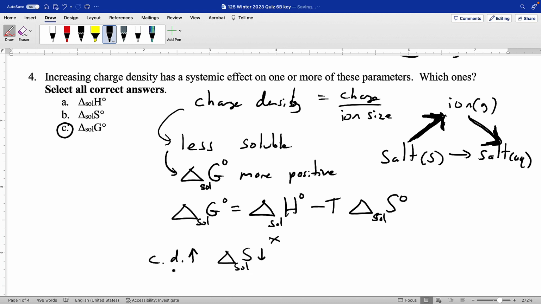So there's a strong trend between charge density and the delta S of solution. Okay. So bottom line, high charge density ions tend to orient water molecules more than low density ions, and that means that the delta S of solution is worse than it would be otherwise as you increase charge density. And because the delta S is worse, the delta G is also worse.